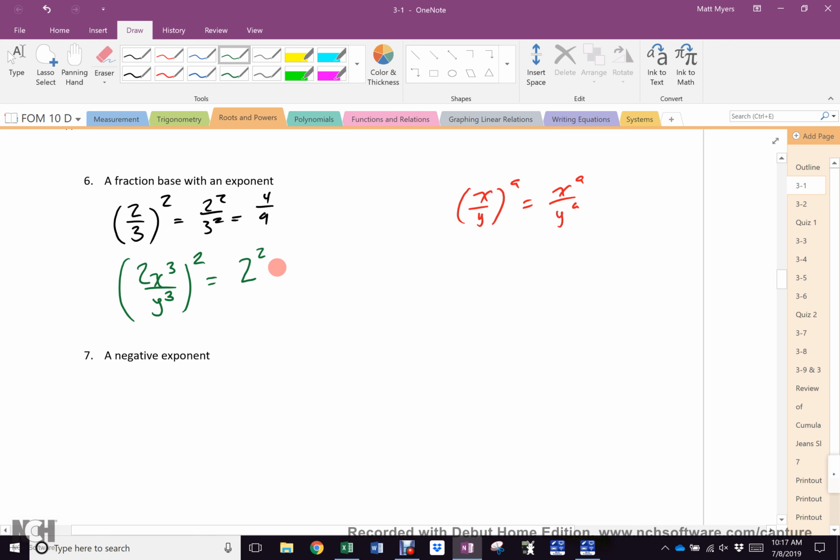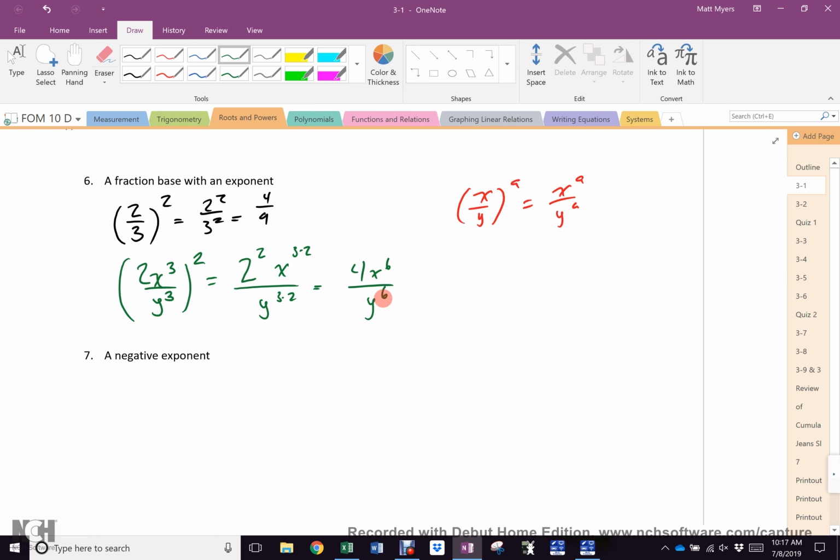Two squared, x to the 3 times 2, over y to the 3 times 2, which would get me 4x to the 6th over y to the 6th. And I'm done. Can everybody handle everything up to 6?